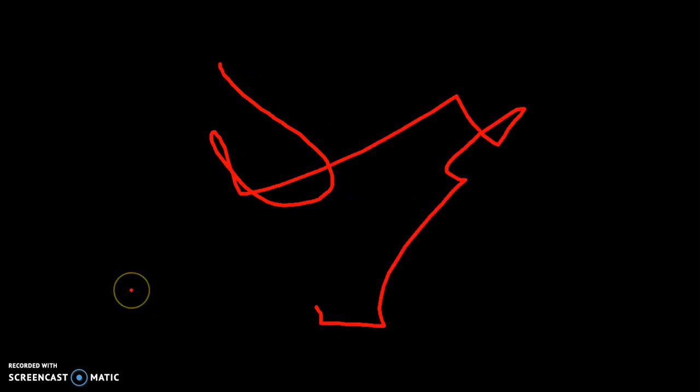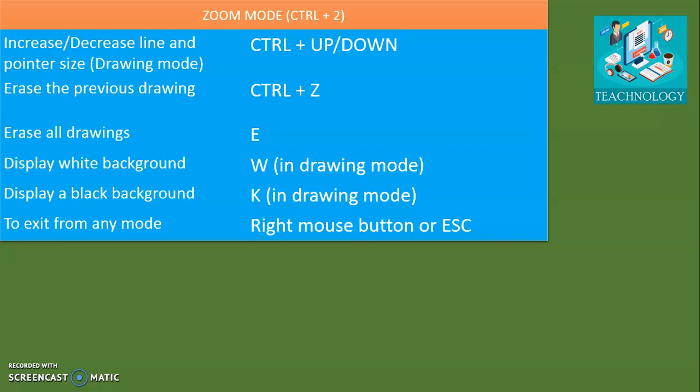If you want to have black screen, simply press K, black. So this is just like a blackboard. You can draw. Okay, press Escape and then it takes you back.